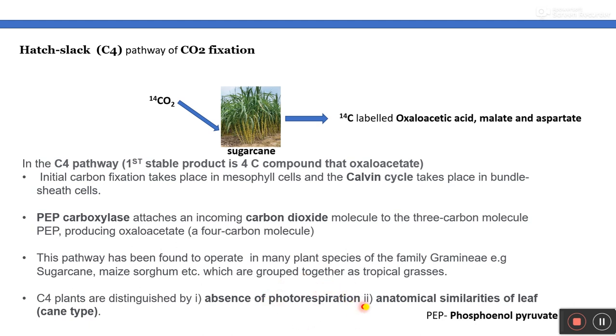And second, all C4 plants show similarity in the anatomy of their leaves. So now I would like to discuss the leaf anatomy of the C4 plant, and by this I will also try to differentiate the leaf anatomy of C3 plants and C4 plants.